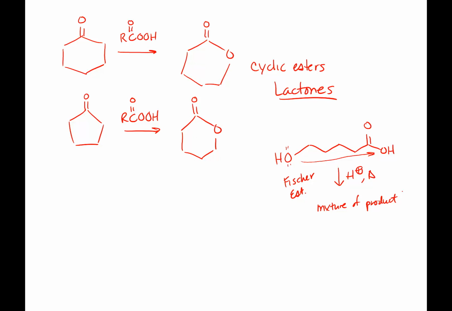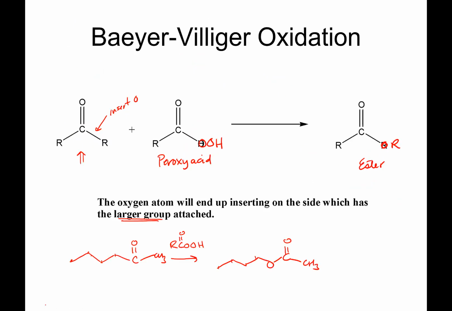So that is Baeyer-Villiger oxidation, and it is useful for forming those cyclic esters. No mechanism for that, that's just what happens. But again, the oxygen is going to be inserted on the side with the larger group attached.